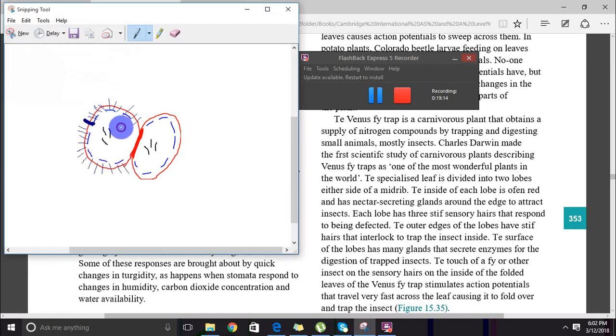So on the surface of the lobes there are many other kinds of glands dotted, and they aren't like the nectar glands that are on the outer edge. These glands actually secrete digestive enzymes.